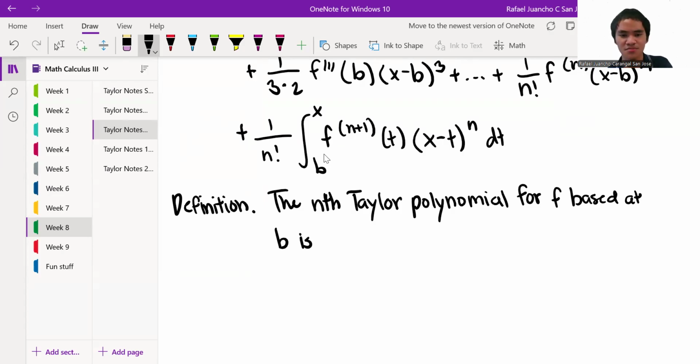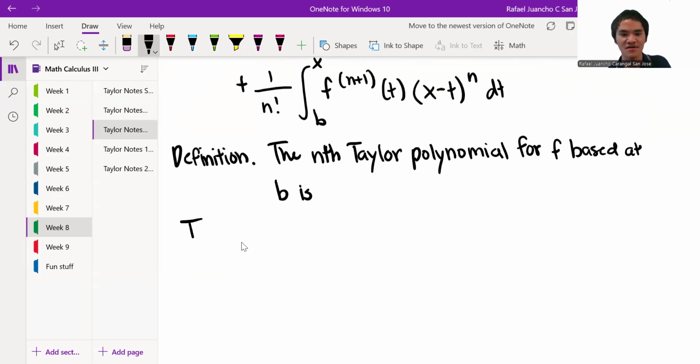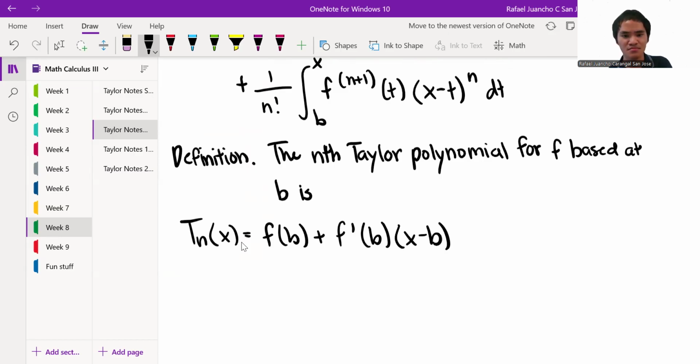So you have T sub n of x, the nth Taylor polynomial, which is f of b plus its first derivative, plus. So instead of 2 times 1, what is this actually? It's 2 factorial.